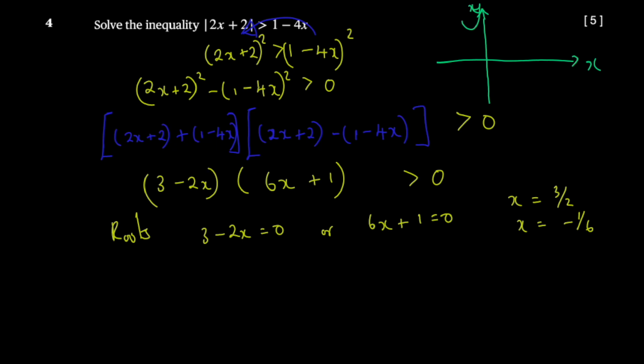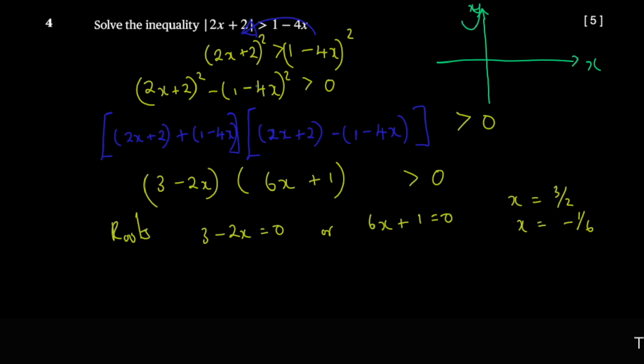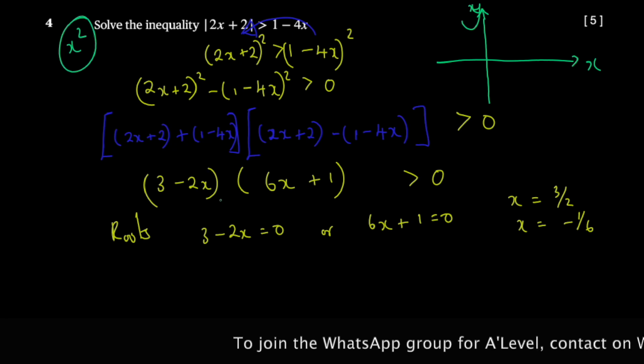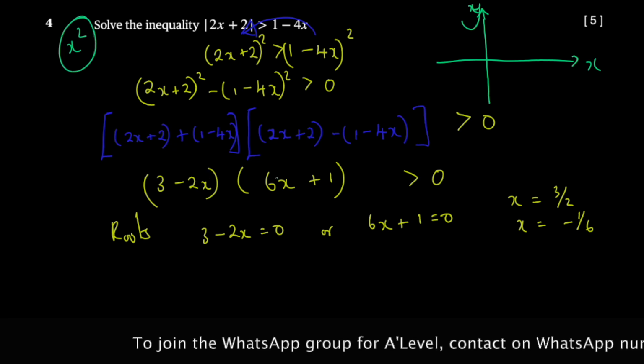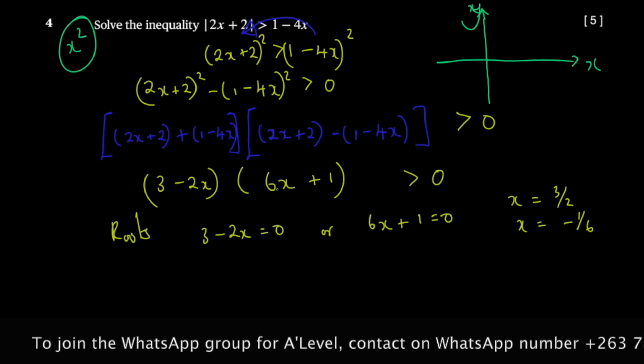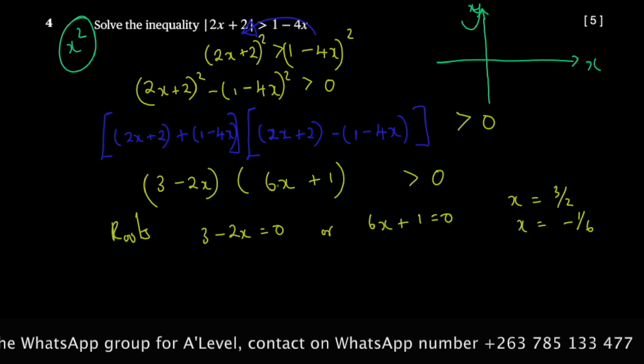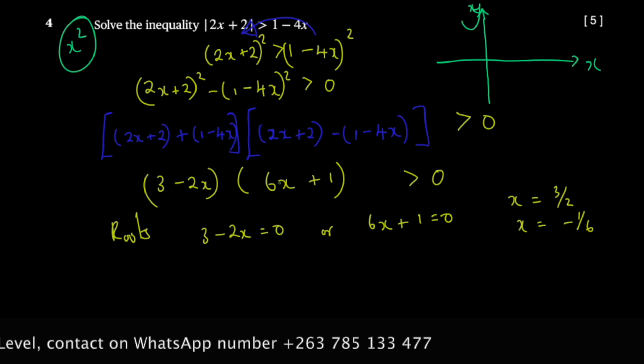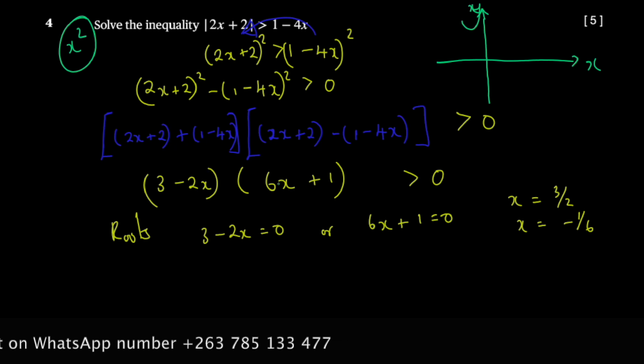In this case, your graph would be frowning, just because the coefficient of x squared would be negative. Here you'd get negative 2x multiplied by 6x, then you'd get negative x squared. For negative x squared quadratic graphs, we have to draw a frowning curve.